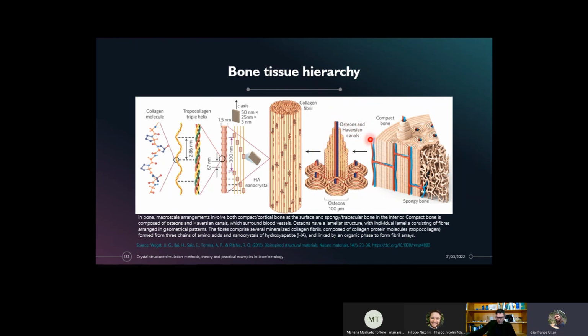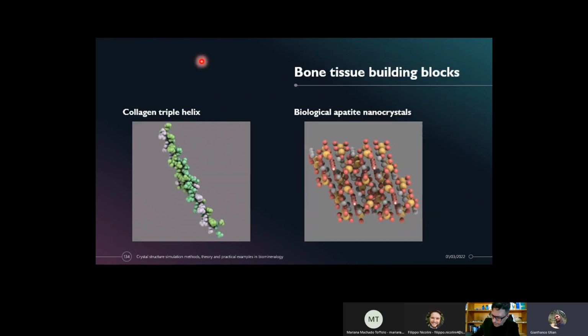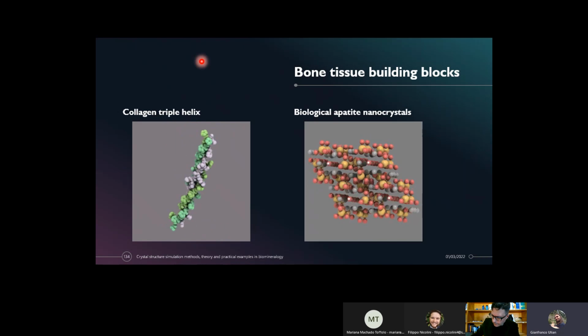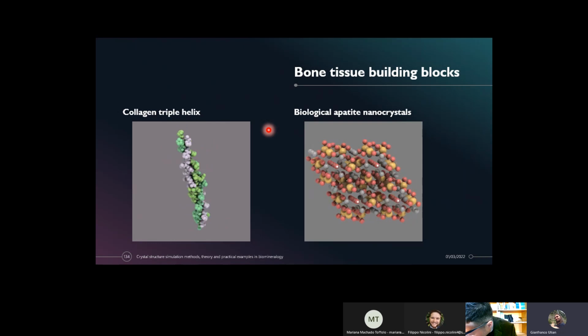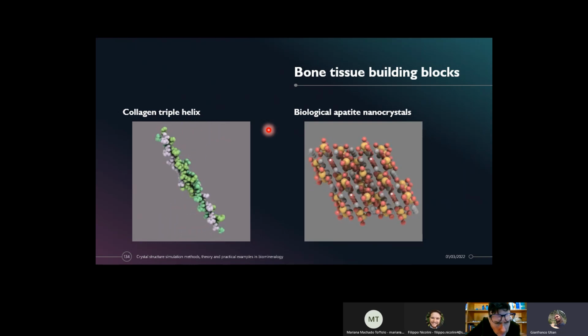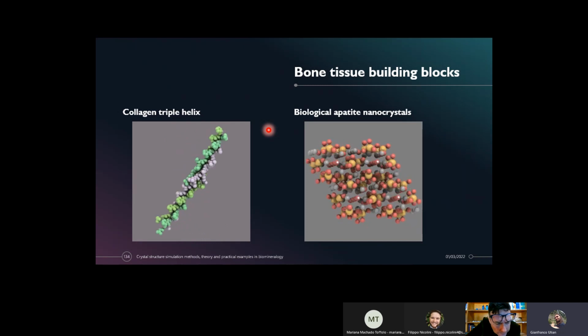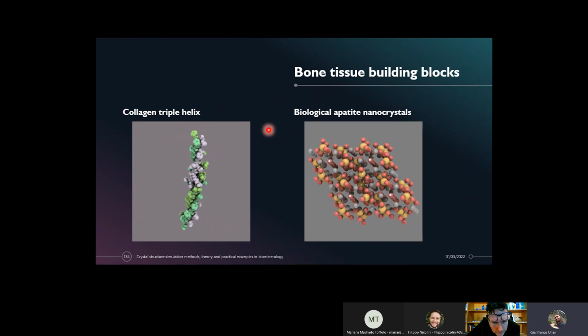Osteons and Haversian canals are made by smaller components, collagen fibrils. Collagen fibrils are made by two components: collagen triple helix, also called tropocollagen, and biological apatite nanocrystals. And you have a composite. Your bones are made of a composite material, made of inorganic and organic components interacting together.